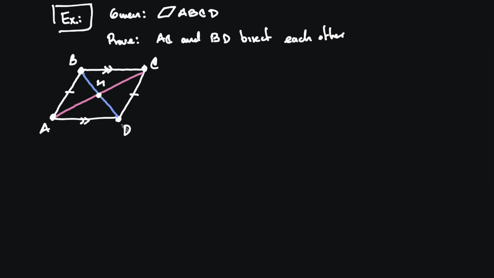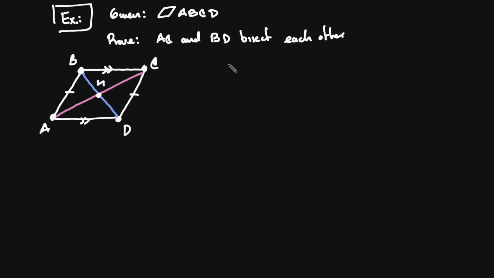If this is a transversal and these two are parallel, then the alternate interior angles are congruent. So these two are congruent, right? And if this is also a transversal, for these two parallel lines, this is also alternate interior, and they're congruent. So now we have angle, side, and an angle, and the two triangles are congruent. And then we can prove that the two things are congruent, right?